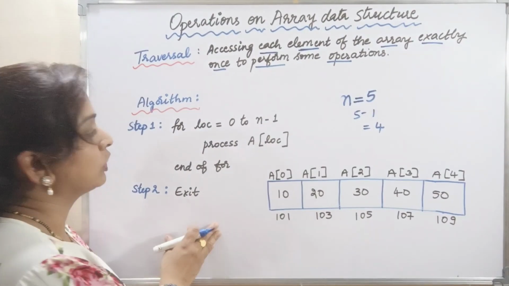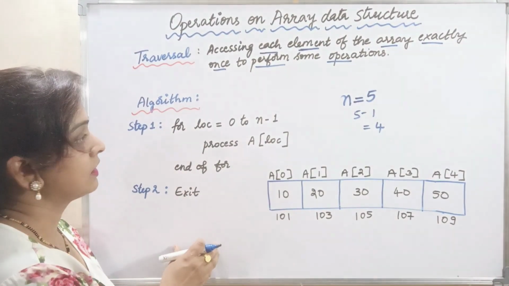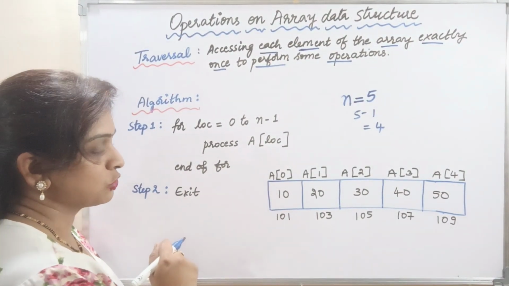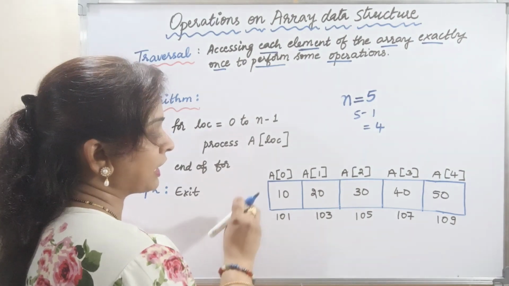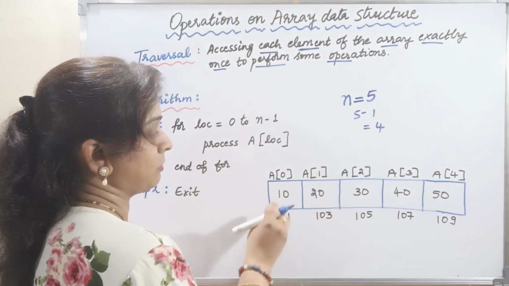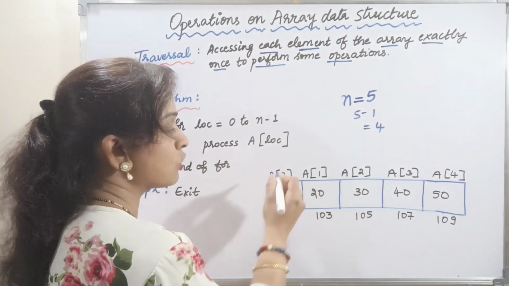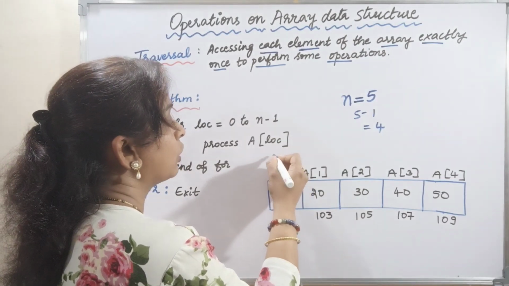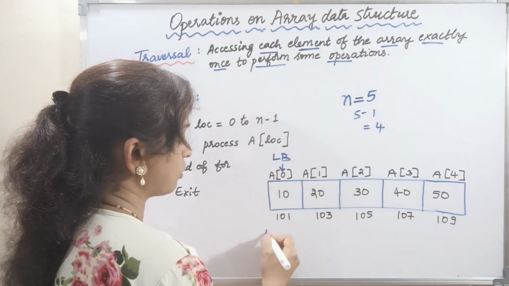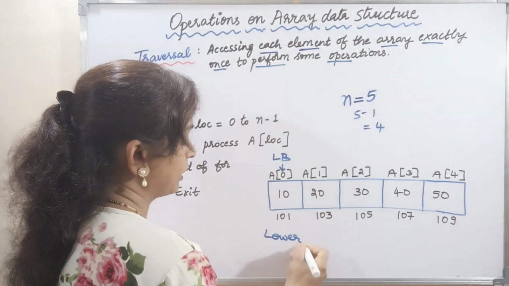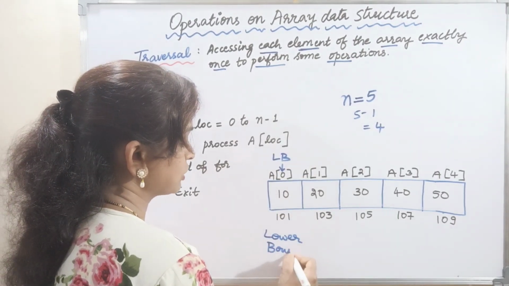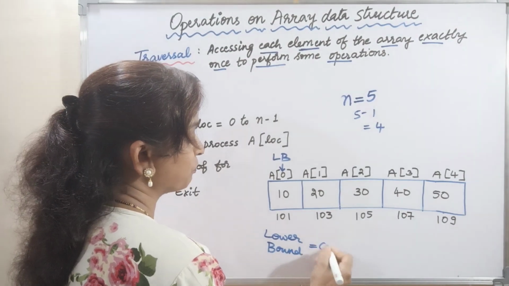So here is the algorithm to understand the traversal. When I say I need to visit each and every array element, I need to start from the beginning of the array. I can also call this 0 the lower bound. So the lower bound is always 0.